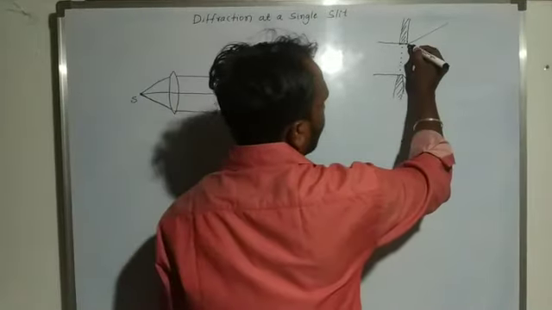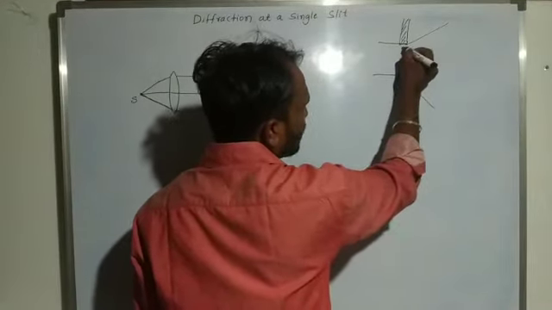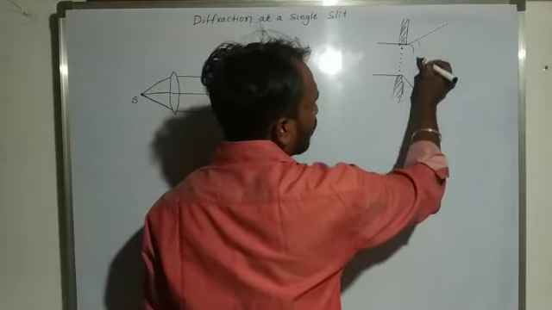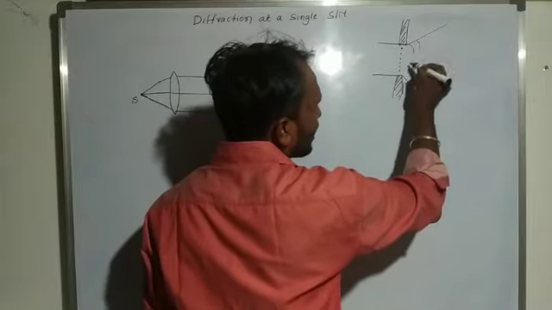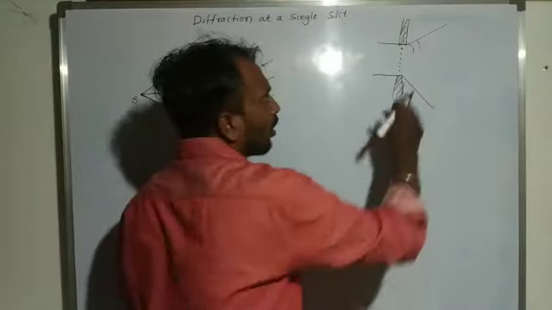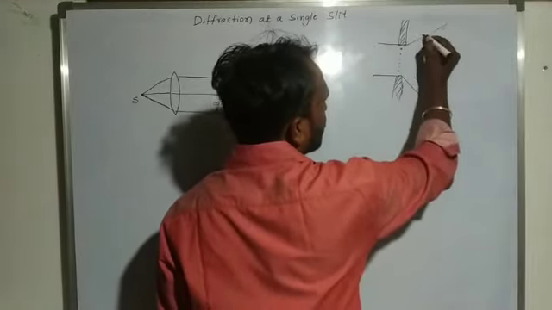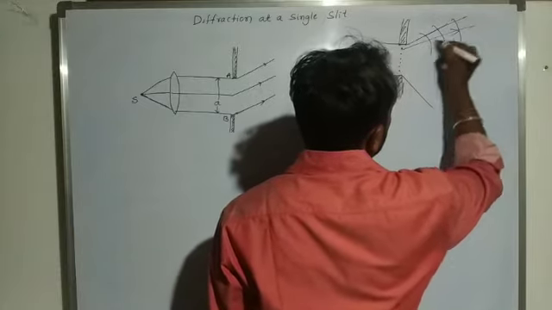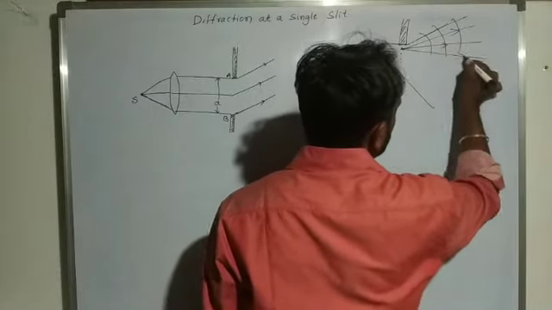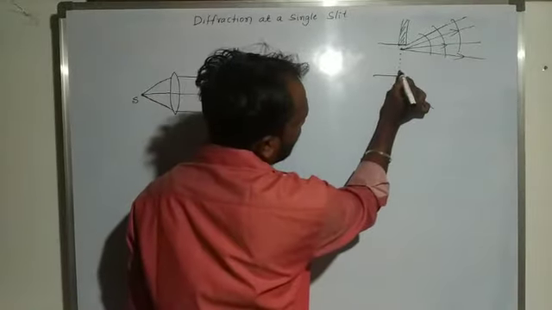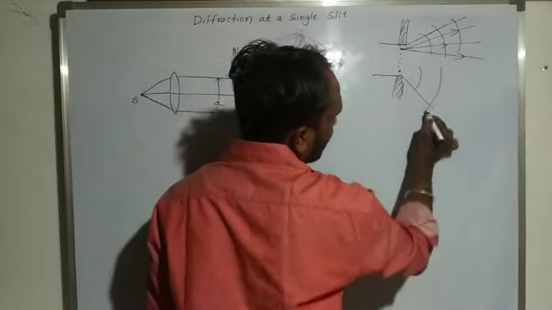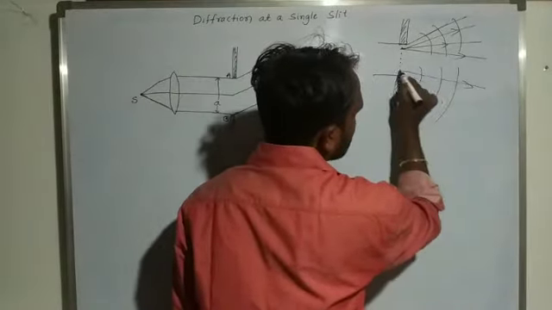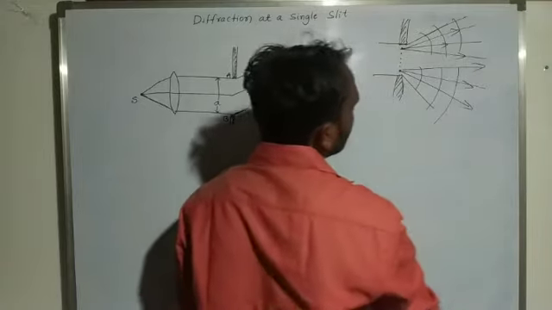Here is one locus point, and here we get one secondary wavelet, then again another secondary wavelet, like that. Then the perpendicular line we consider as a ray of light. Same thing here: one fresh locus point, where we get a secondary wavefront, and the perpendicular line is a ray of light.